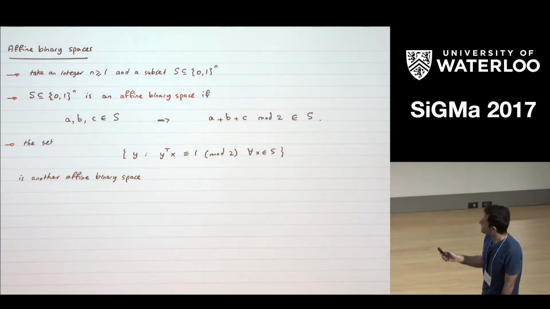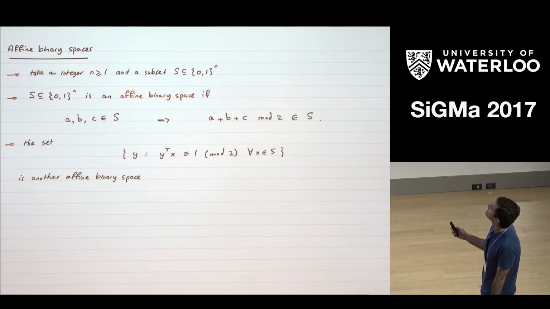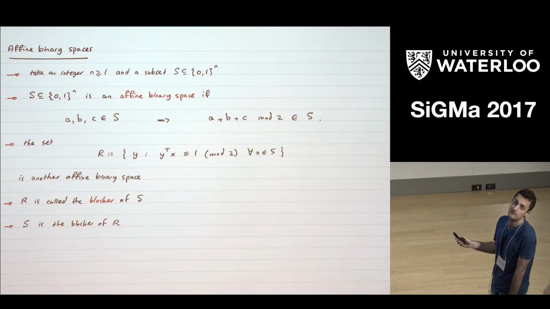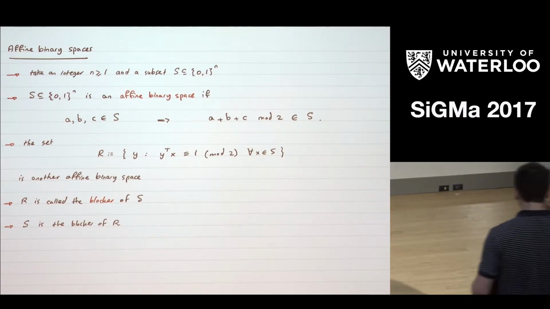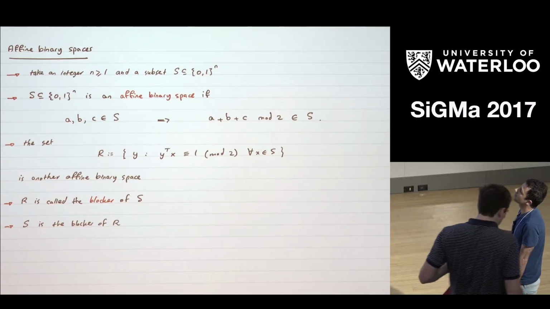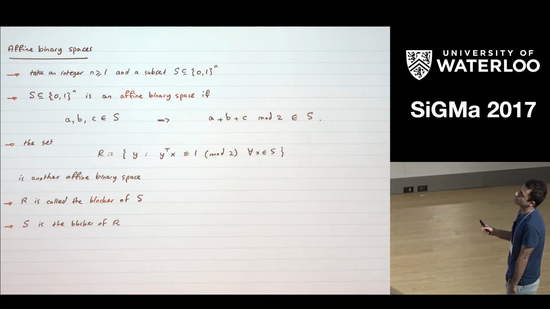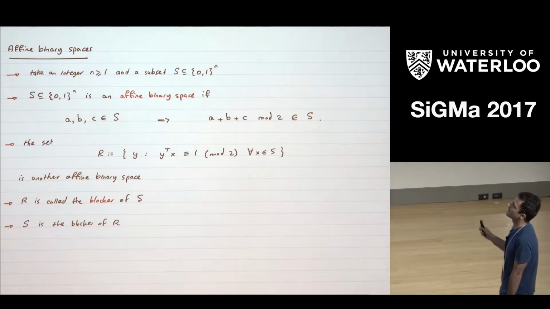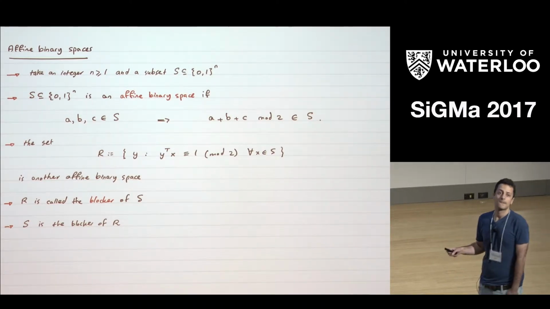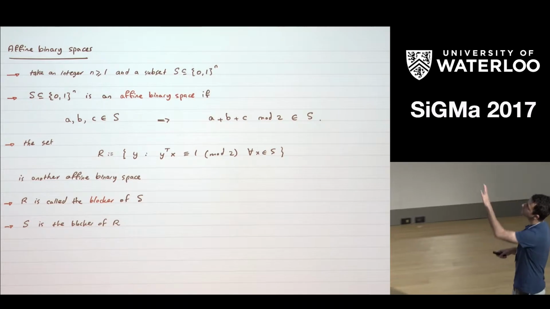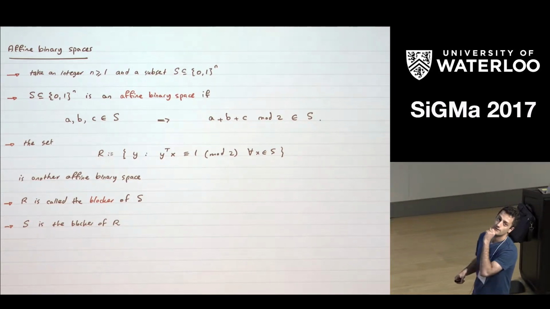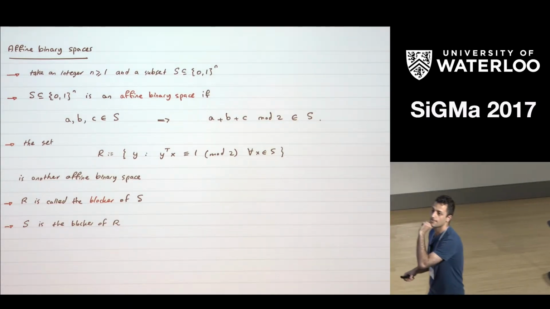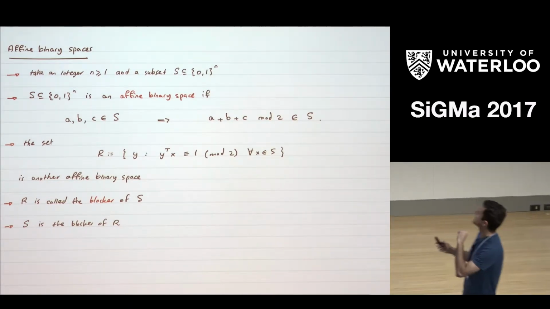Let's call it R. I'll be referring to that as the blocker of S. And Lehman showed in the 60s that this is an involution: if R is the blocker of S, then S is the blocker of R. So this notion of duality will be very important for our talk. Is it clear how I'm defining affine binary spaces and blockers? Okay, good.